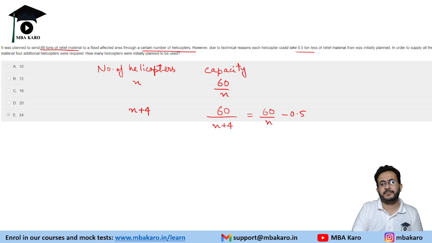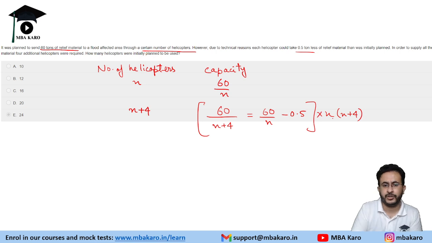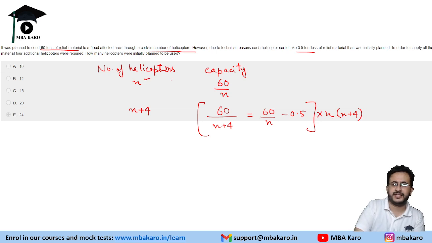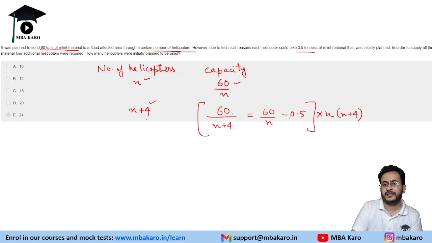Now we will multiply and get the relation. We multiply the entire equation by n into n plus 4. So the initial number of helicopters is n, and the capacity is 60 by n. We increase the helicopters by 4, and the capacity becomes 60 upon n plus 4, which is 0.5 less than the original capacity.